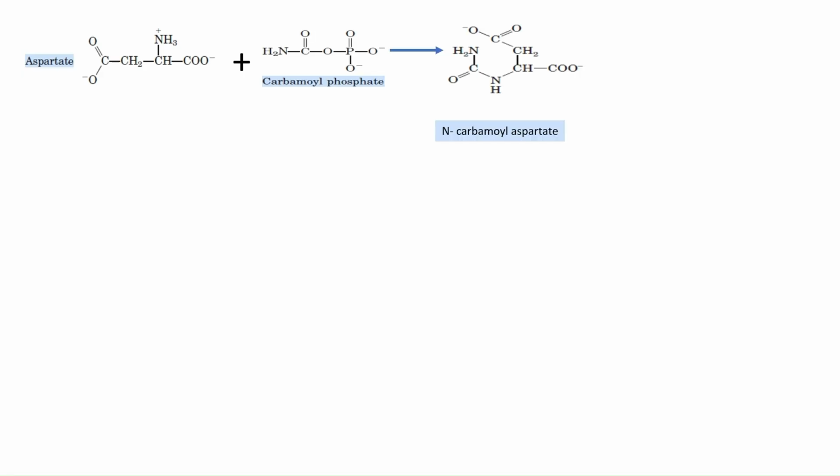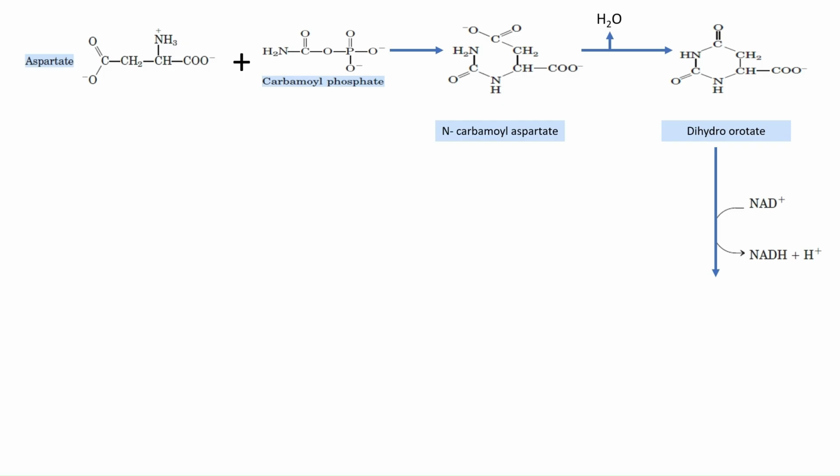Now what about orotic acid? When aspartate is combined with carbamyl phosphate, it leads to the production of N-carbamyl aspartate. When water is removed from this compound, we get dihydroorotate, and after its oxidation, we get orotic acid.